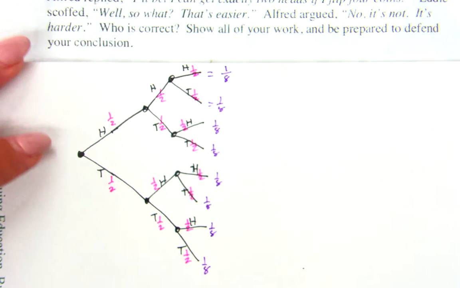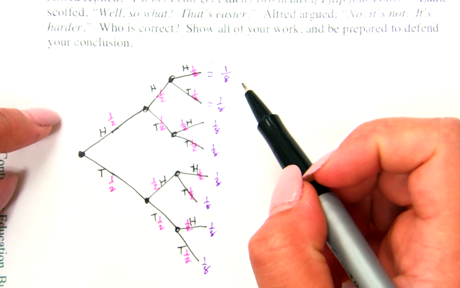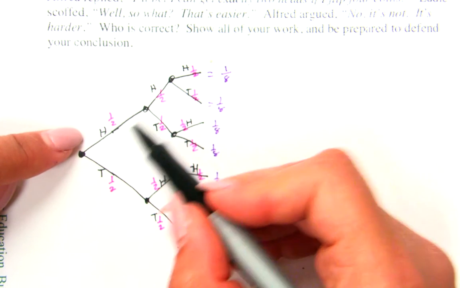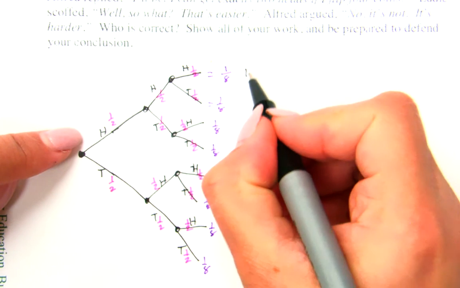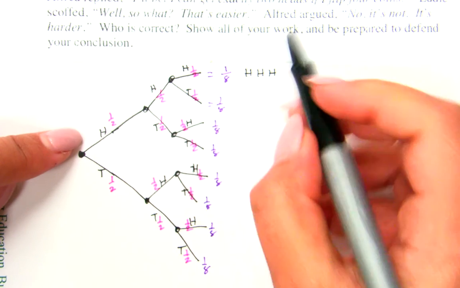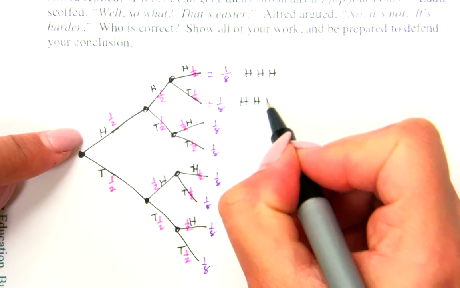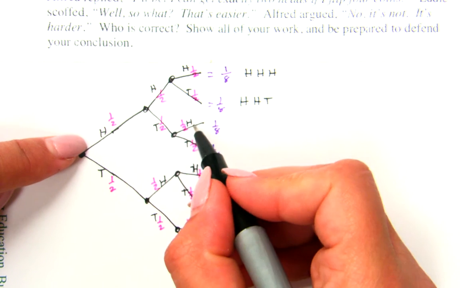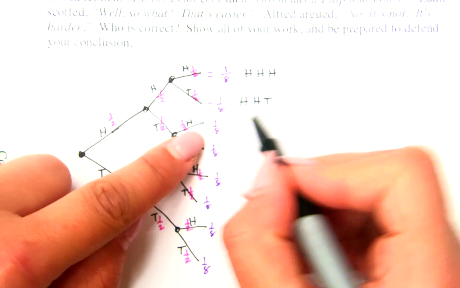Okay, so the first one is heads. This one's heads, tails. This one is heads, tails, heads. You have to follow the branches.